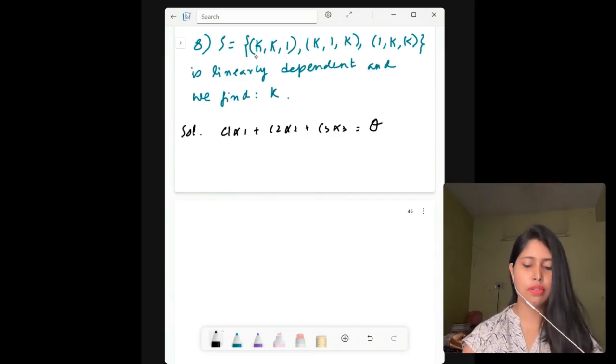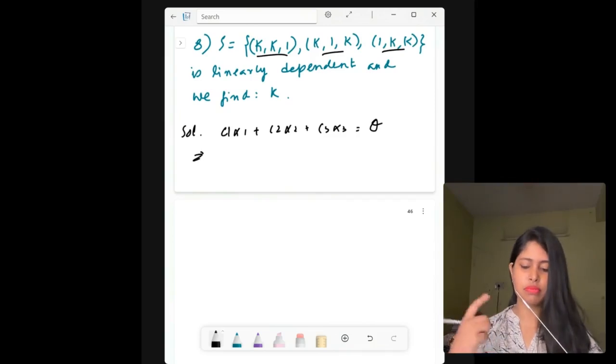And alpha 1, alpha 2, alpha 3 are these vectors. Definitely you need to define which vectors you're working on. I'm not defining it once more, you have to do it at home. So yes, I'm just writing it directly.